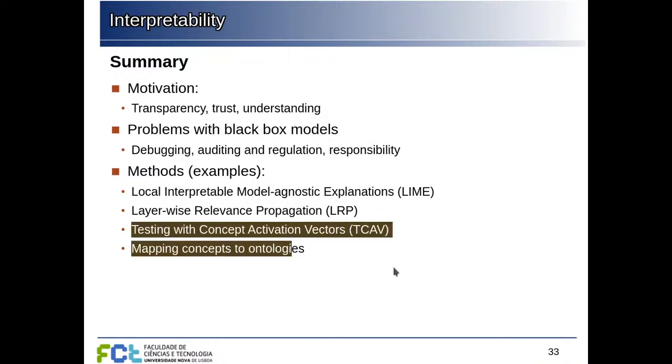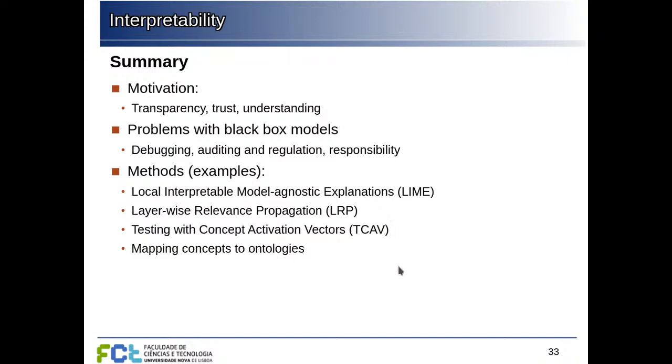And then we have these more interesting approaches where we can actually define higher level concepts that are not just this pixel or this input, but something that we can describe with sets of examples, and look at what the network is doing in its inner representations of the data and how it's using those concepts.